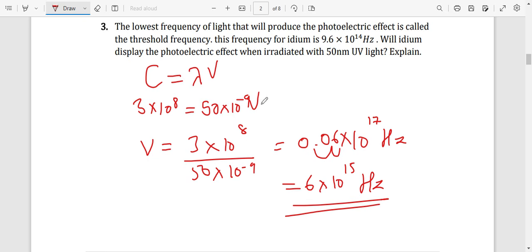Is the photoelectric effect going to happen? Yes, it's going to happen because the frequency of radiation striking the surface of the metal is greater than the threshold frequency.